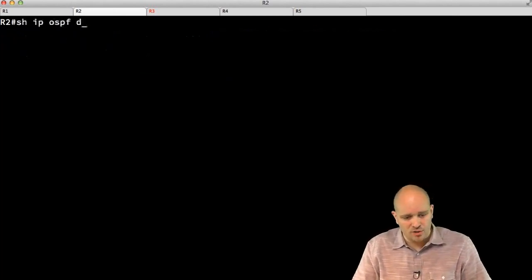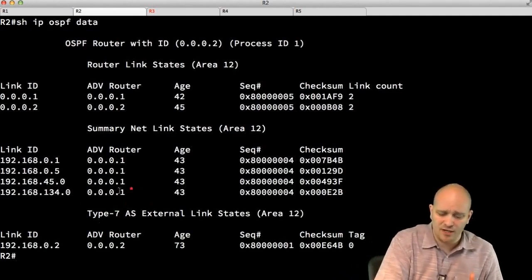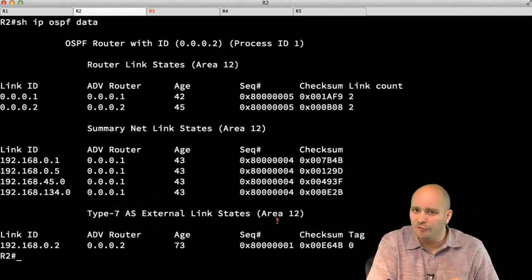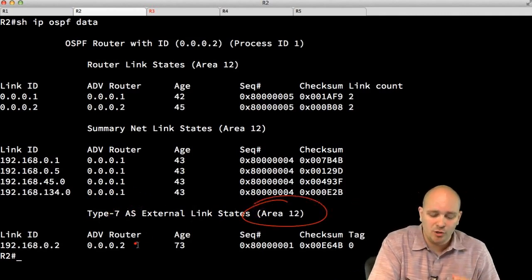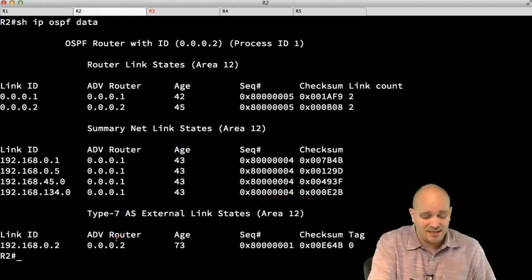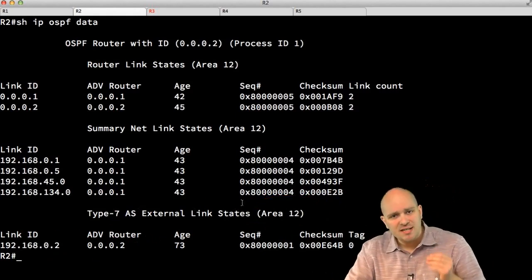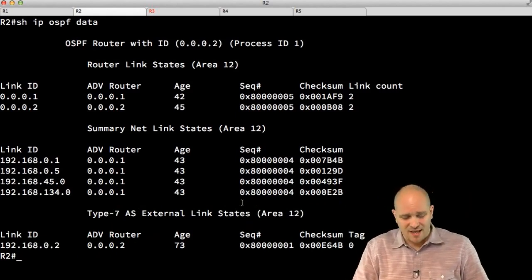If I do show IP OSPF database, I'm going to see type 7 AS external link states here. Remember how type 5s were not tied with any area. Type 7s actually are, because they are part of the NSSA area. I will see here the link identifier and the advertising router, just the same as I did with my type 5 LSA.